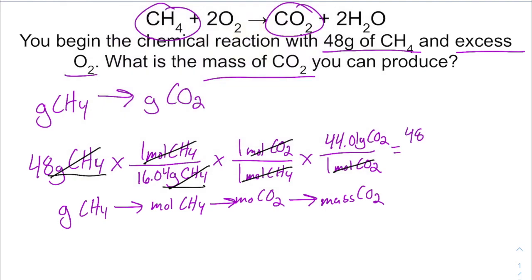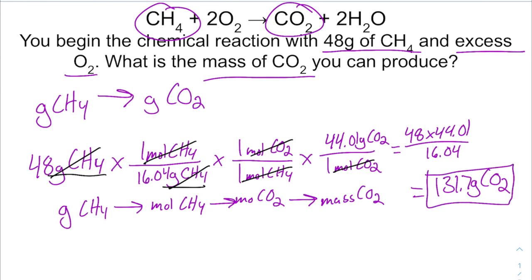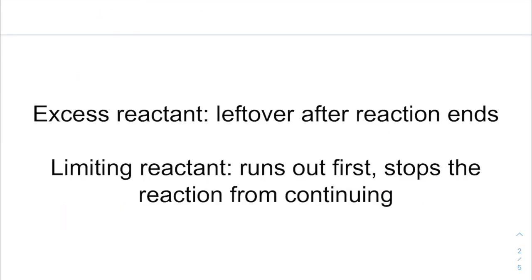So we're going to do 48 times 44.01 divided by 16.04, and this is going to give us 131.7 grams of CO2. And that would be our answer. So if we started this chemical reaction with 48 grams of CH4, we would end this chemical reaction with 131.7 grams of CO2.